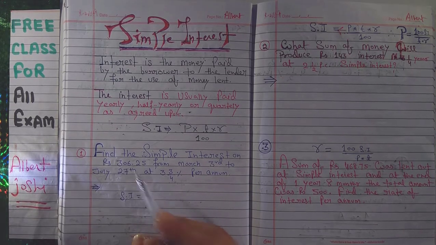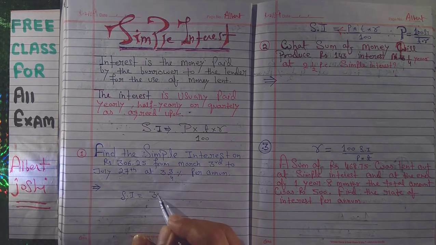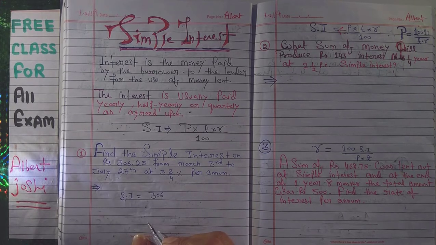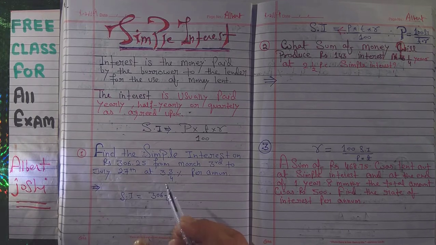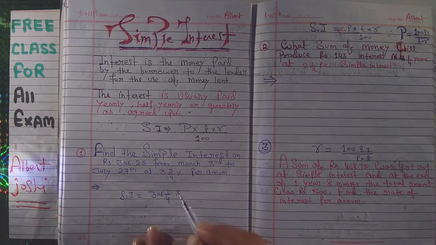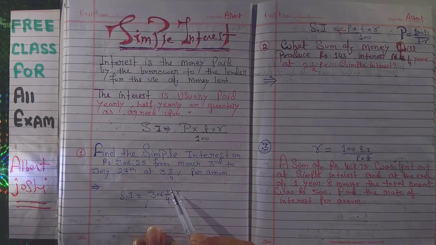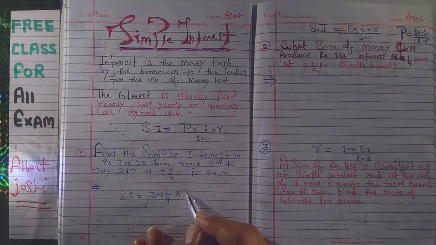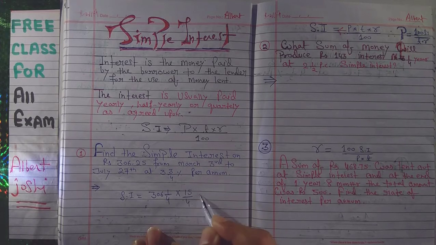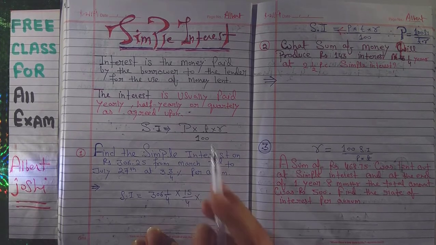P is this sum of money, 306 1/4. R is 3/4, so 15 upon 4.